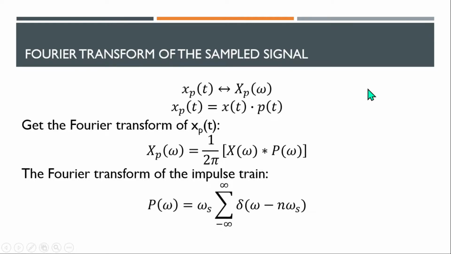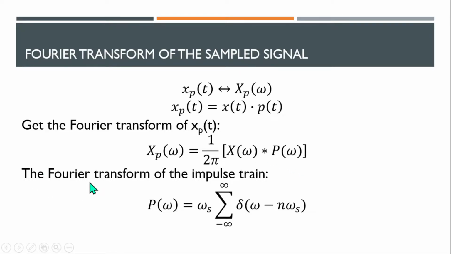To illustrate the spectrum of the sampled signal X sub p of omega, its Fourier transform must be derived. X sub p of t is equal to x of t times p of t. Getting the Fourier transform of x sub p of t, we have X sub p of omega equals 1 over 2 pi times X of omega convolved with P of omega.